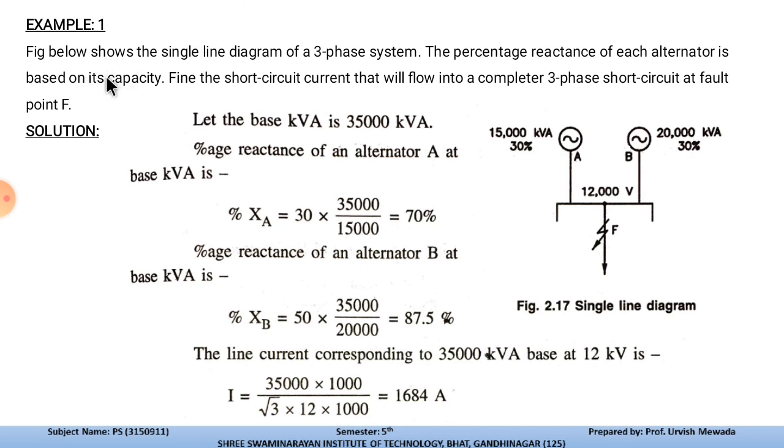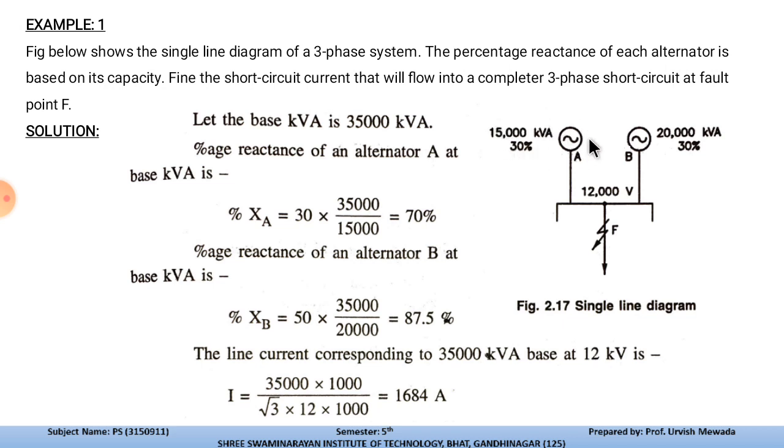The data given in the figure below shows the single line diagram of a three-phase system. In this system we have two generators, A and B, both generating sources, connected with a link, and a load delivered to this line on which we have a fault. The percentage reactance of each alternator is based on its capacity.